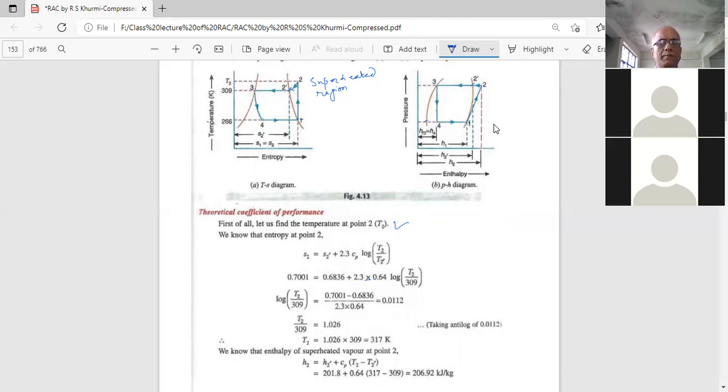So after putting in all the known factors and simplifying, it will become log T2 divided by 309 is equal to 0.0112.